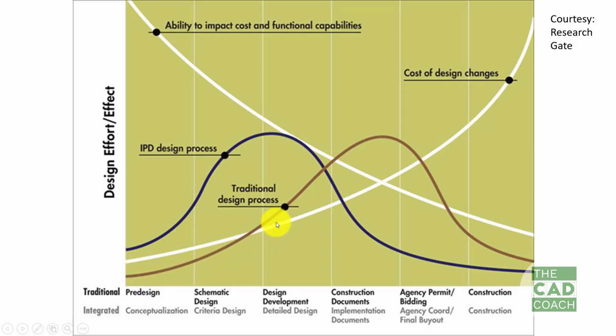The traditional construction process puts all its level of effort in while the construction documentation is prepared, but IPD suggests putting the level of effort in as early as possible. That is, push this peak point as far back as possible, so that the ability to impact cost is high and the cost of design change is low. That is what IPD is suggesting.